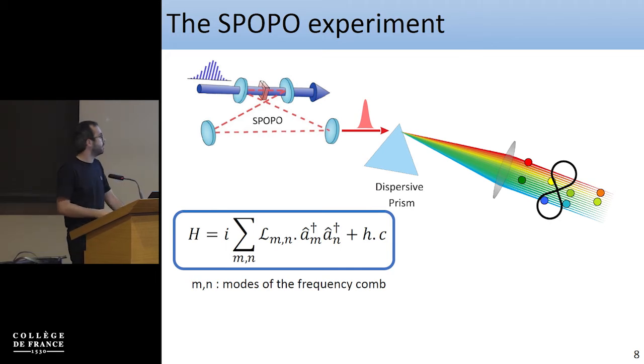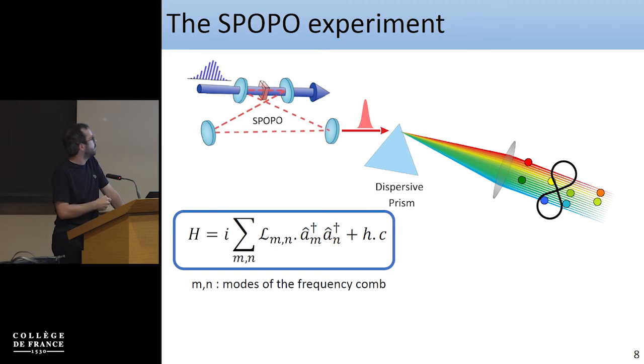And if I want to write my Hamiltonian here, it's a little bit different than in the monomode case. Here I have a sum over the modes M and N. These are the modes of my red photons.